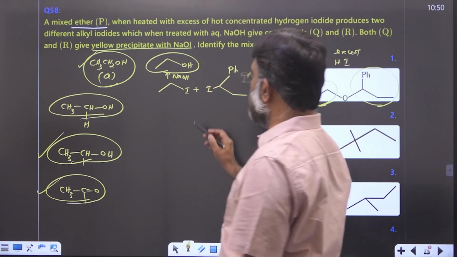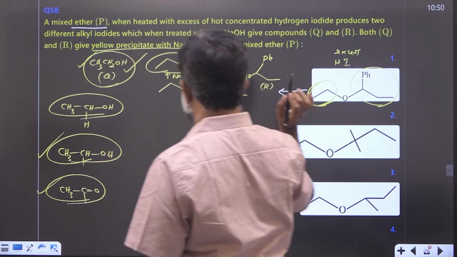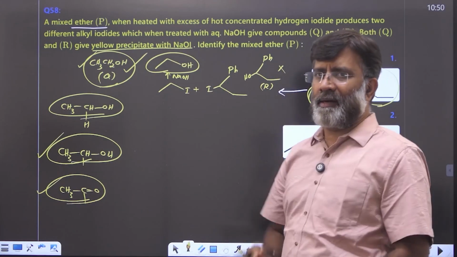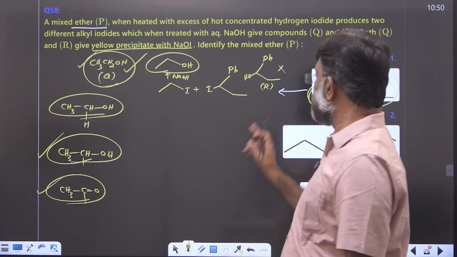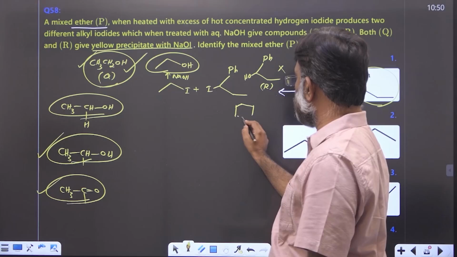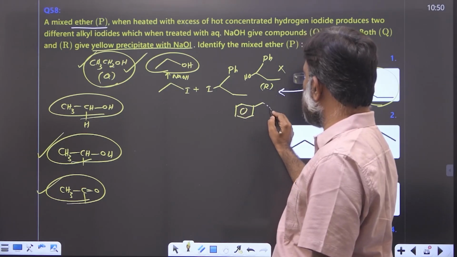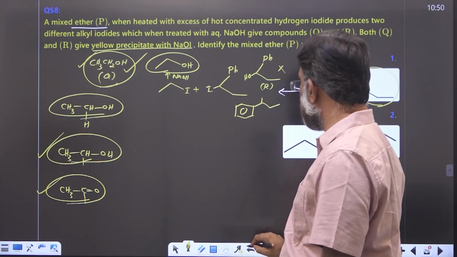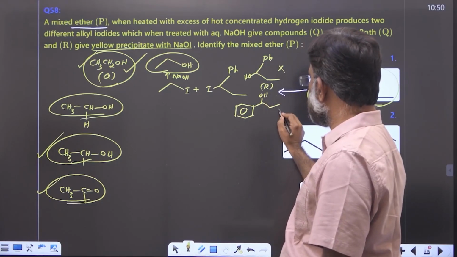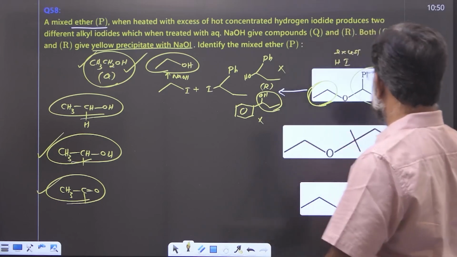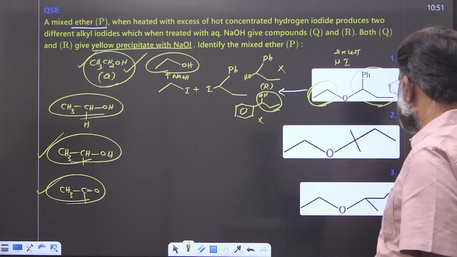So, out of this, one will give you haloform test, no doubt, but this will not, because this does not contain methyl carbinol. This is ethyl carbinol. This cannot give haloform test. So first choice is out.